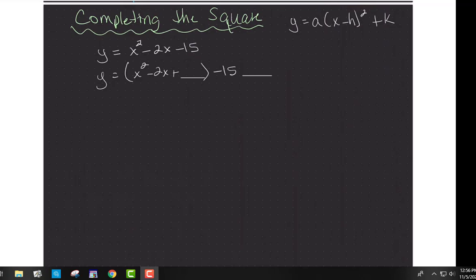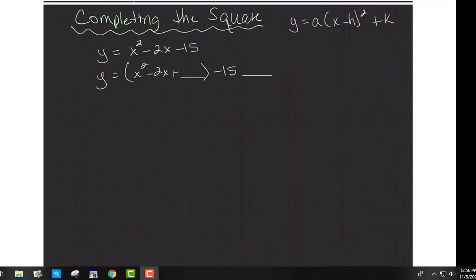And another little line. So we know in mathematics, equations are balanced, right? And we can do whatever we want to one side of the equation as long as we do it to the other side of the equation, right? Remember all that good stuff? So when it comes to completing the square, we don't want to do anything with this side of the equation, right? We want it to stay y equals.